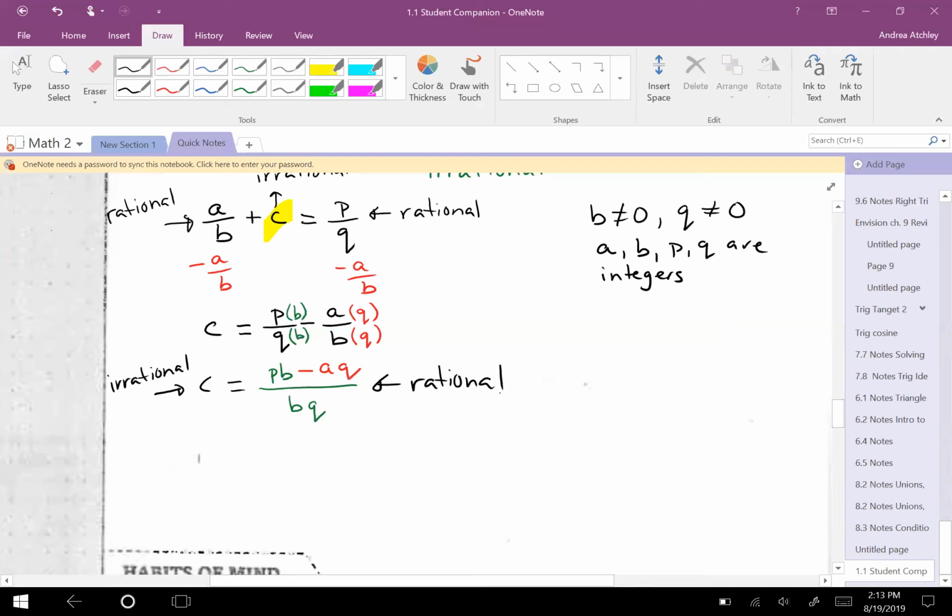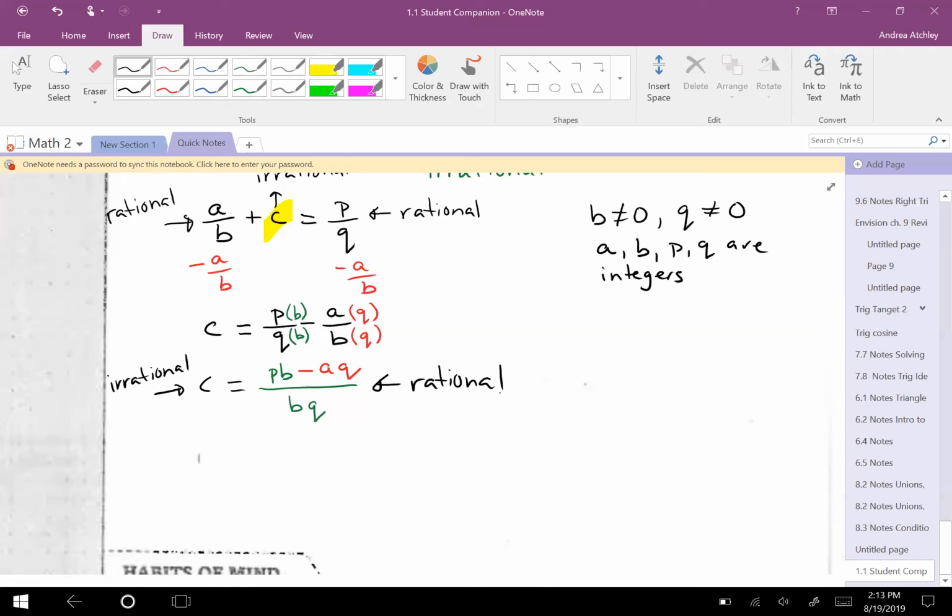Can an irrational number equal a rational number? Can I be both rational and irrational at the same time? Not at the same time. In a second, I can change from rational to irrational. But at the same moment, I can't be both rational and irrational.